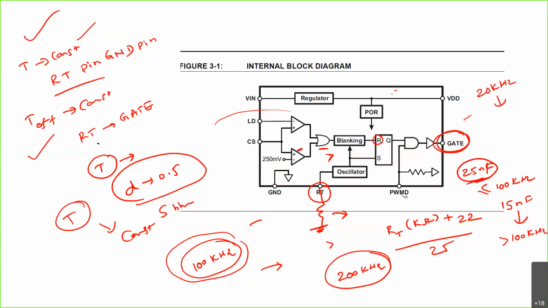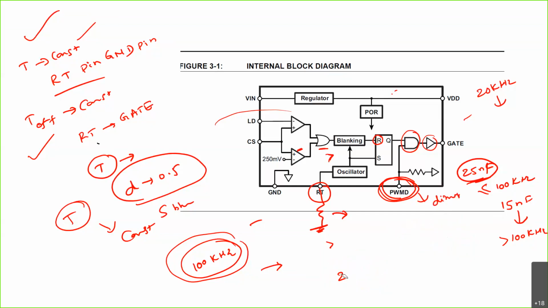Here, this PWMD, an AND gate is used and after that some buffer is used. This is used for dimming. The idea is very simple.